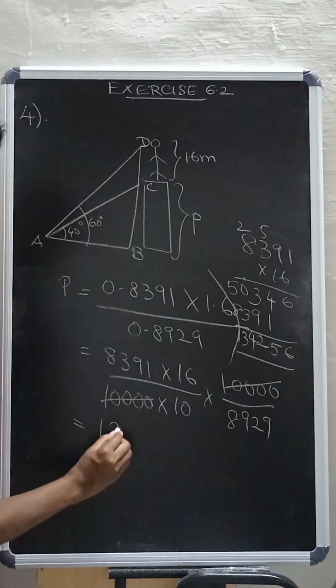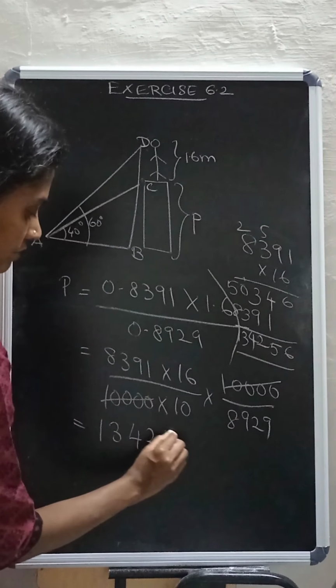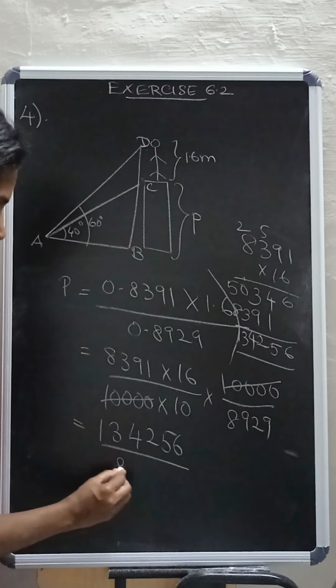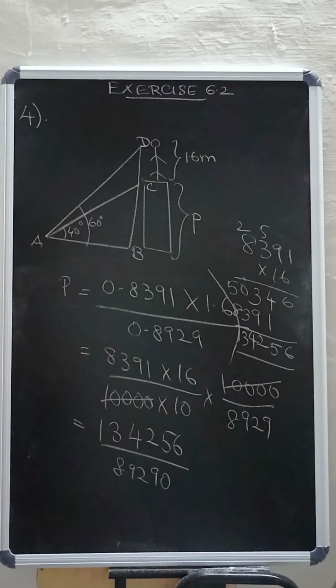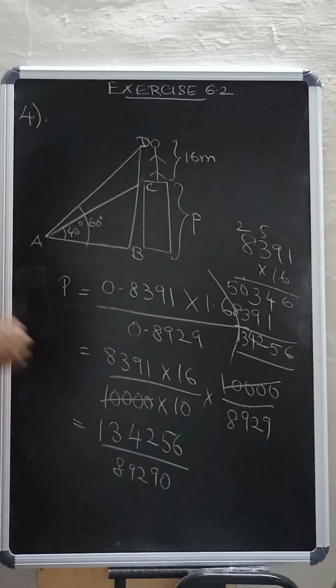So 134256 divided by 89290. Now we'll divide these two things.